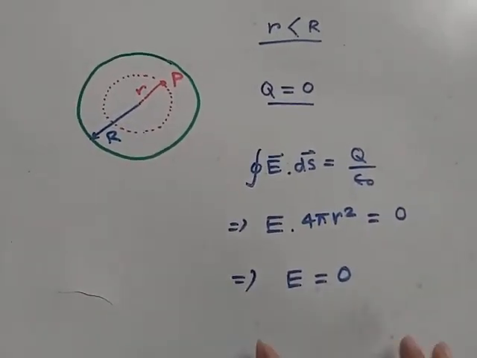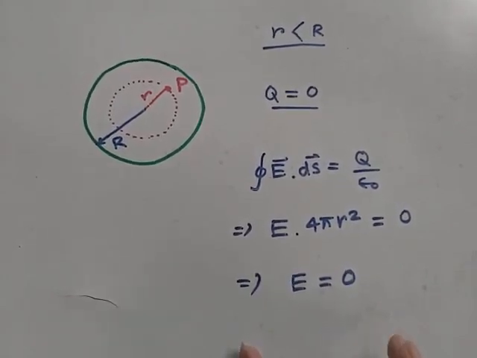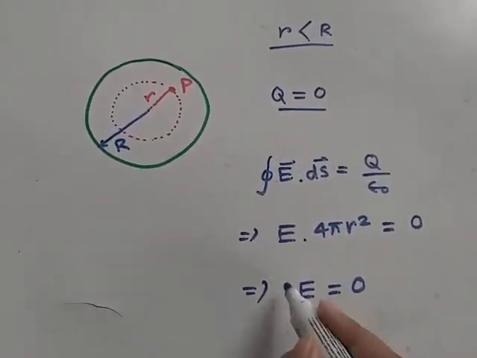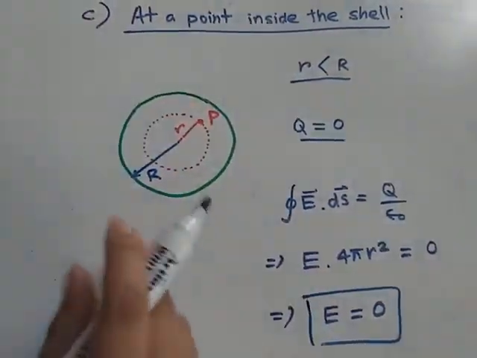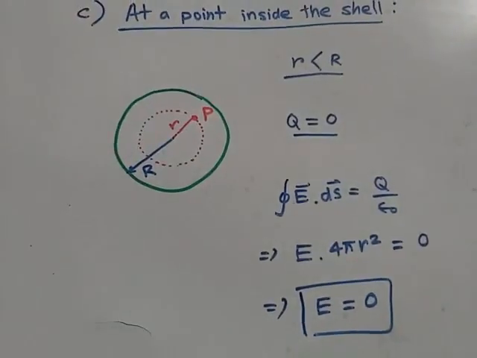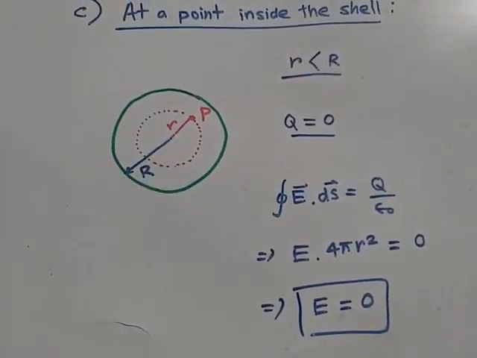So there is no electric field intensity inside a charged spherical shell. As the total charge is distributed on the outer surface of the shell, no electric field will be there inside the spherical shell.